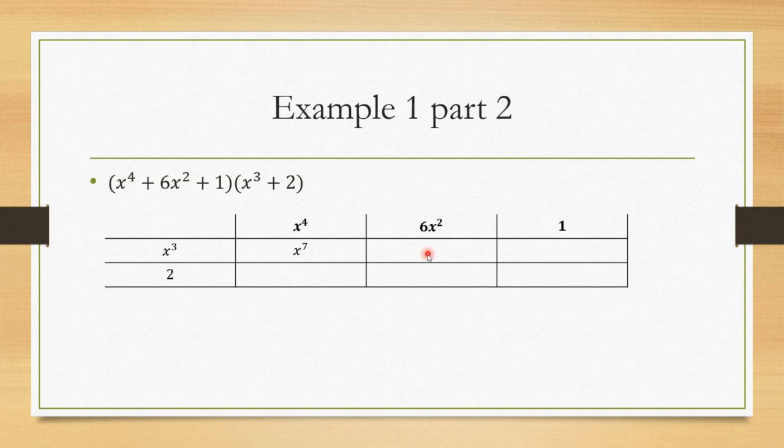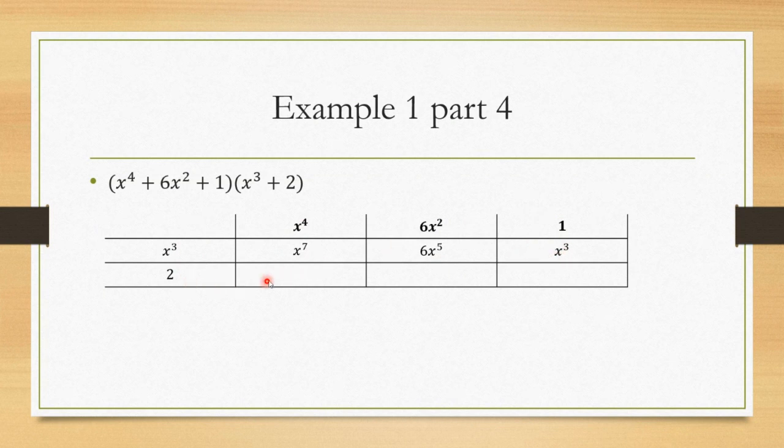Same thing over here. For this one, we're going to multiply the first row, second column entry. Doing so, we get 6 times x raised to the 5th. Over here, x cubed times 1, we just get x cubed.